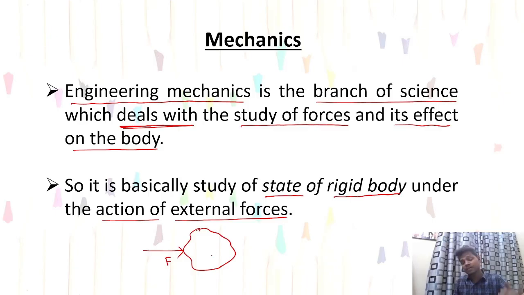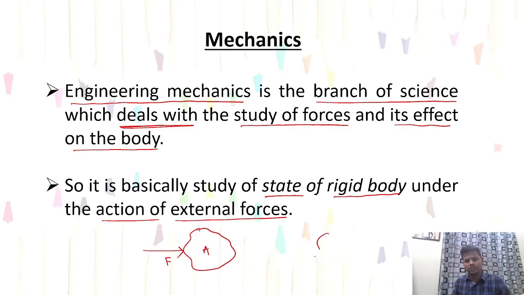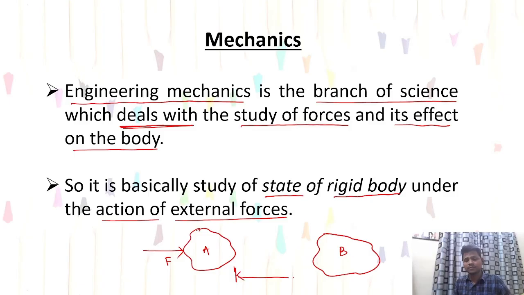Then after applying the external forces, the body may be moved from one position to another. Let's say the body moved from position A to position B. That means the body travels this distance. We can say the body is displaced from position A to B. This is one of the effects.